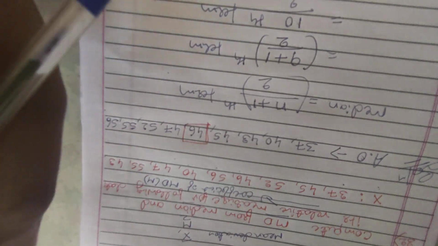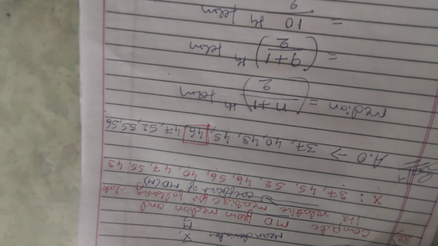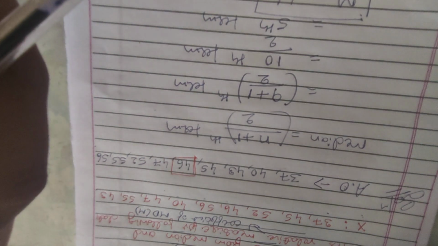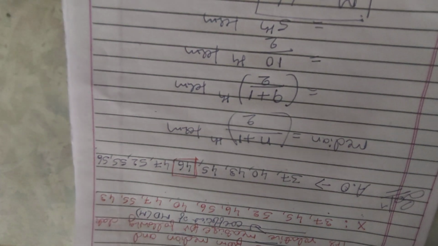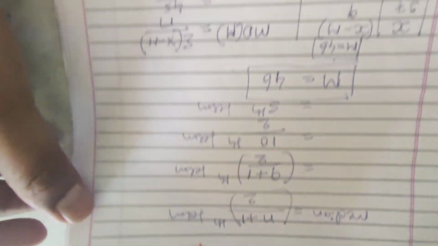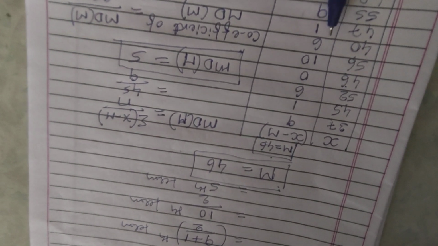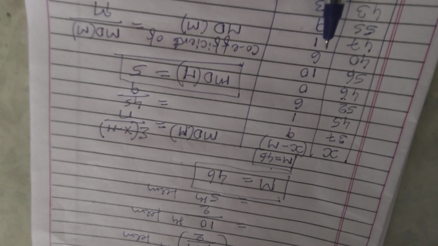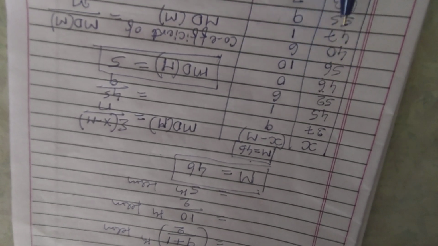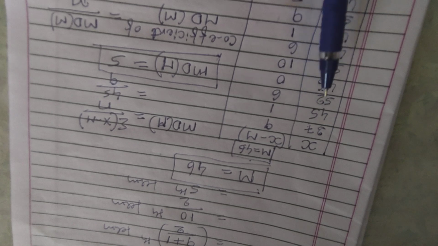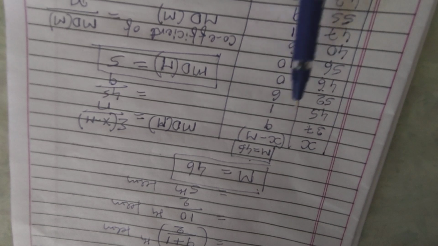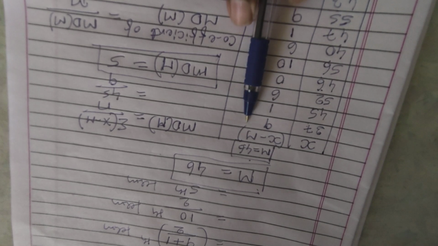Okay dear students, this is the way of solving this. When finding the mean deviation from median, first we write the given information in ascending order. Next we find the median. After finding the median, we create a table to identify x minus median, writing x as it is, in ascending order or as given.